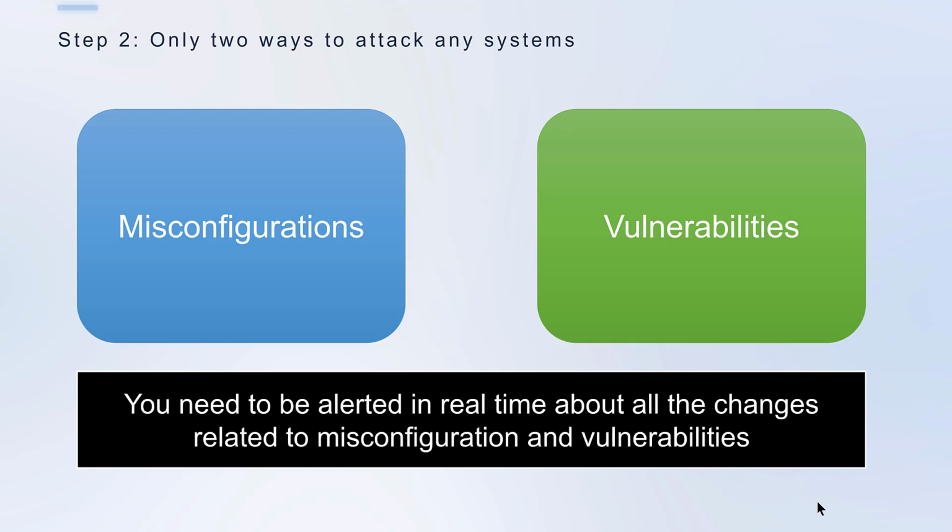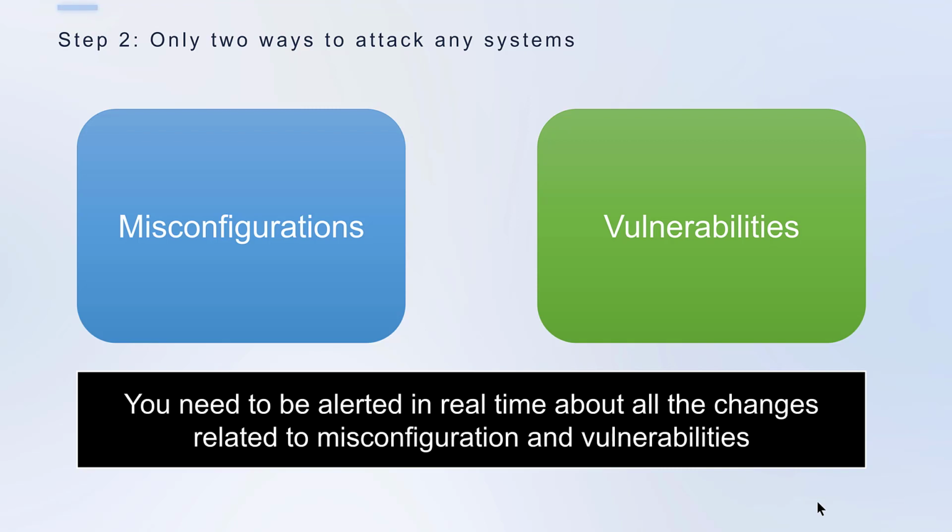Because remember, you have only two ways to attack a system. You may use the misconfiguration of the system, or you may use the vulnerabilities of the system to attack it. So it's really important to be updated in real time about all the changes in these two worlds. Here I'm not talking about an audit running every month.